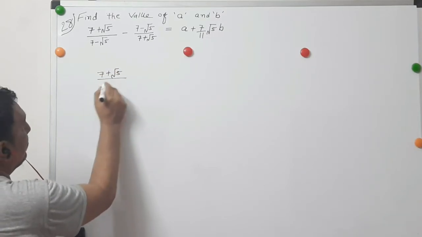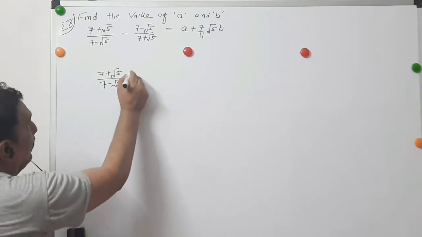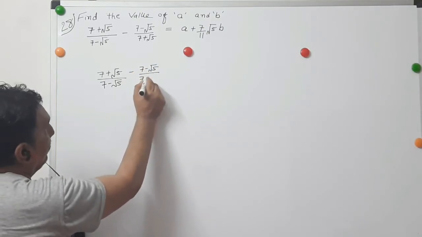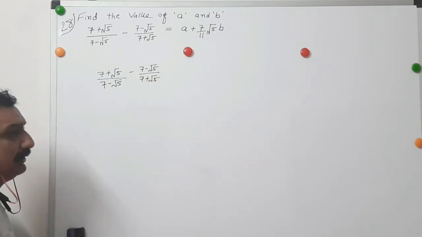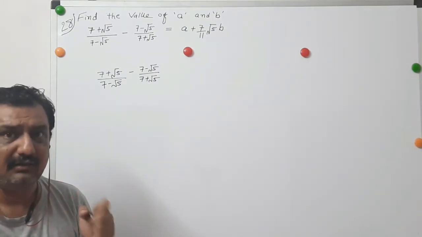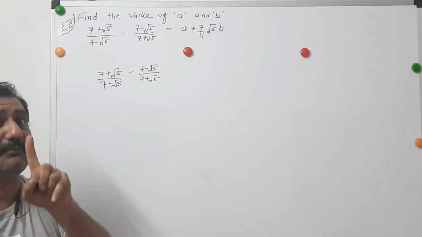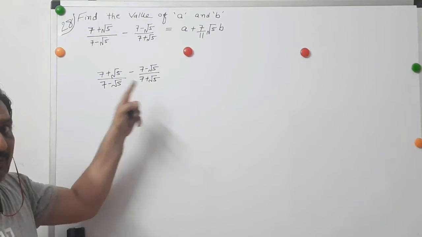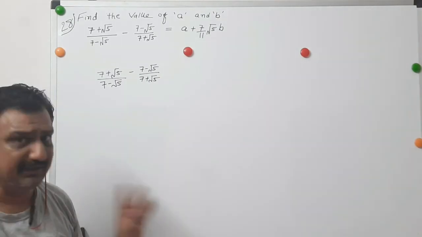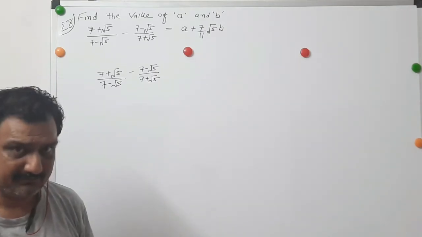(7 plus root 5) upon (7 minus root 5) minus (7 minus root 5) upon (7 plus root 5). Now there are two ways to solve this part. One method is to rationalize the individual denominator of each term in such a way that the original value does not change.